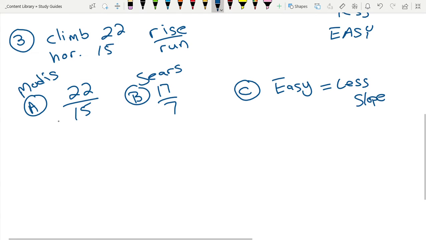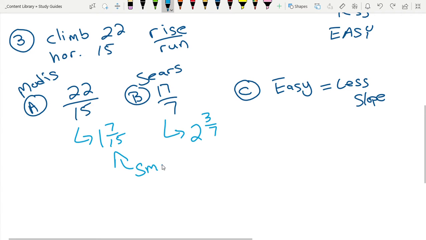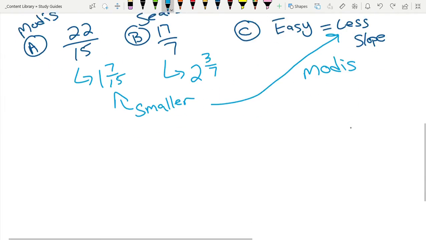So this one's a little bit harder to see, so let's convert these to mixed numbers. This would be 1 and 7/15, while this one would be 2 and 3/7. Therefore, this is your smaller number, which means you have less slope, so therefore the Modus is going to be easier to climb than the Sears.